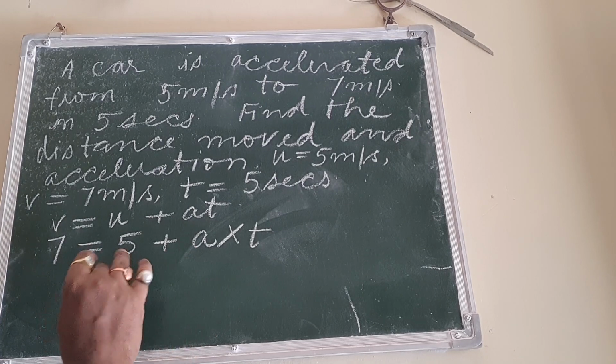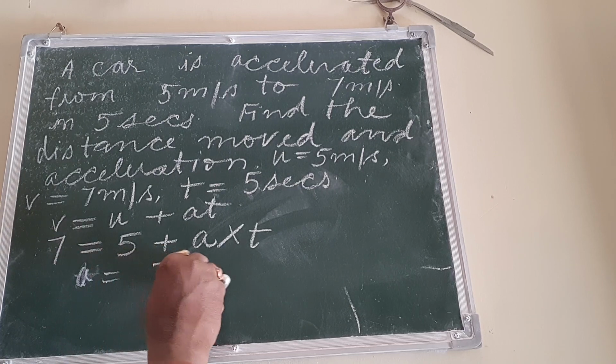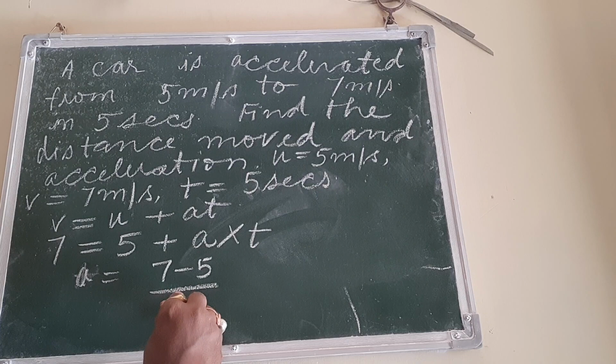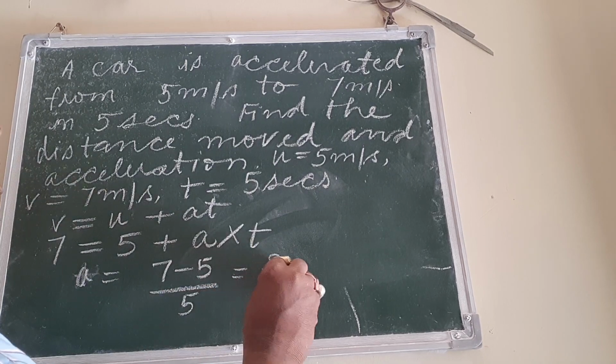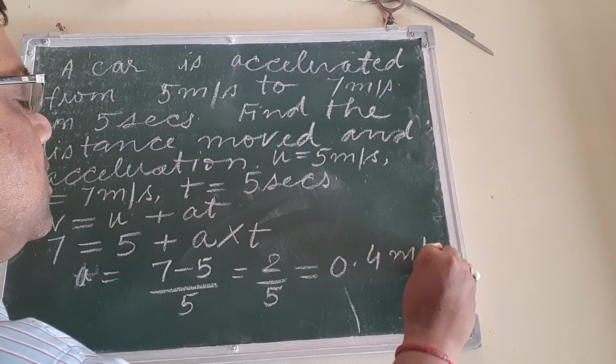So the time is 5 seconds, so the acceleration is equal to 7 minus 5 upon 5, so it is 2 upon 5, so it is coming out to be 0.4 meter per second square.